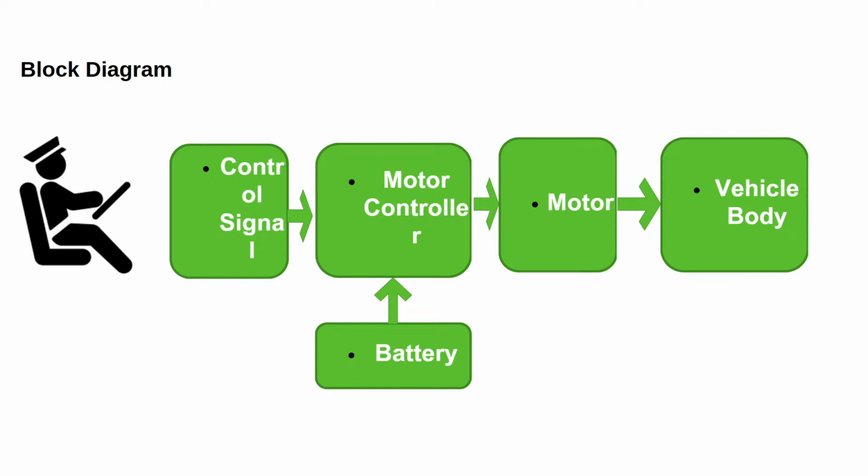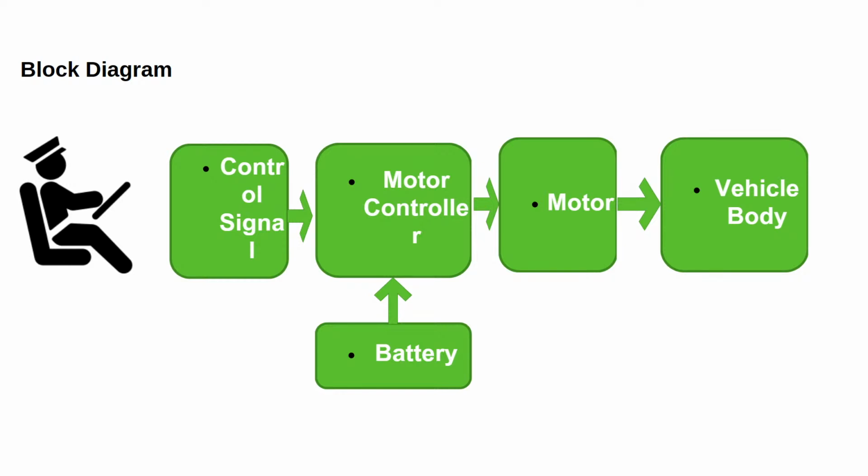The electric motor converts the electrical energy from the battery pack into mechanical energy to propel the vehicle. The motor receives the control signal from the motor controller, which determines the required speed and torque based on the driver's input and the vehicle's operational conditions.